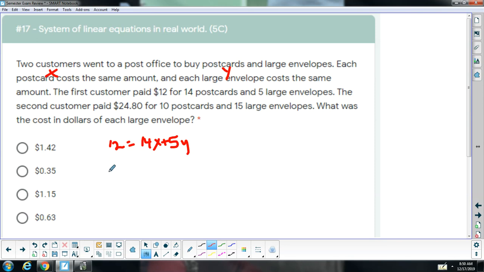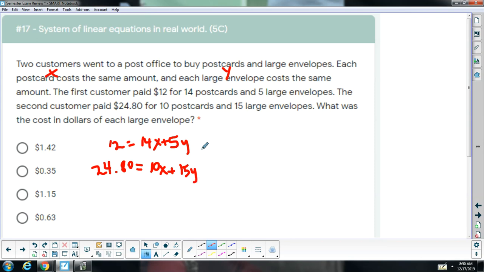The second person paid $24.80 for 10 postcards, so 10x, and 5 envelopes. Oh, sorry, 15. I read that wrong. Plus 15 large envelopes. So now we have these two equations.